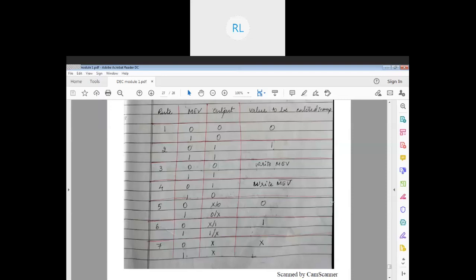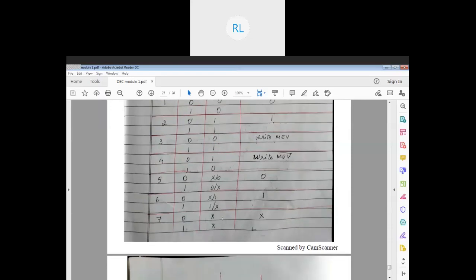Can you quickly copy these rules down, so that it will be easy for us to proceed as to how we are developing a modified truth table. It's very easy here. When the output is 0, it is 0. When the output is 1, it is 1. When it is 0 1, compare with MEV, if it is also 0 1, I write MEV. When the output is opposite to MEV, then I write MEV bar.